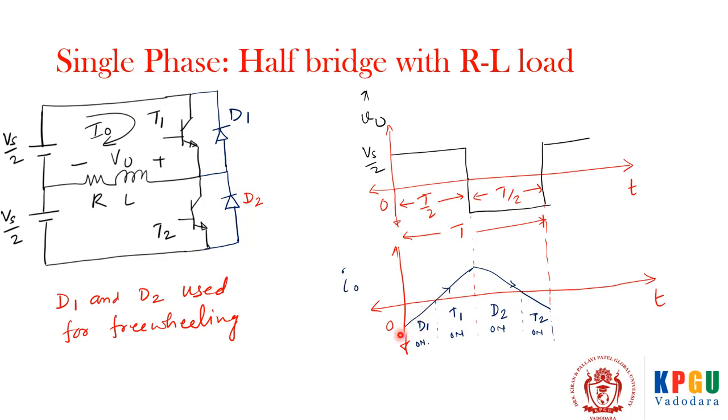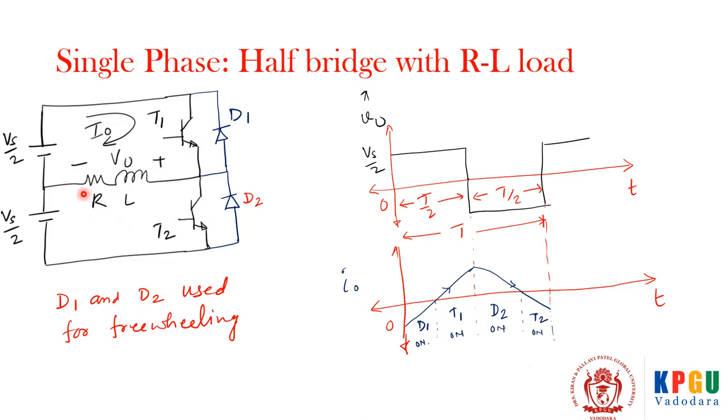So D1 is giving the path. Negative current is flowing in this fashion through D1, and then T1 is on. When T1 is on, normal current flows, which is positive, in this fashion. When the other half cycle is there, at that time this positive current has to flow through D2 in this fashion.